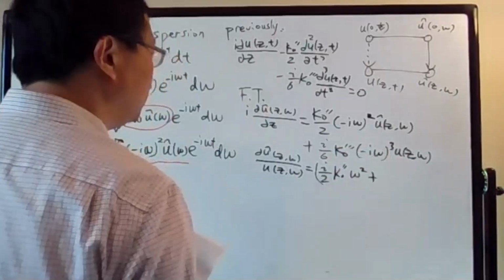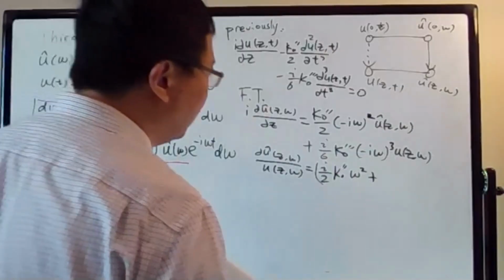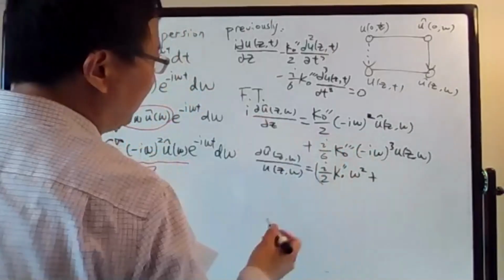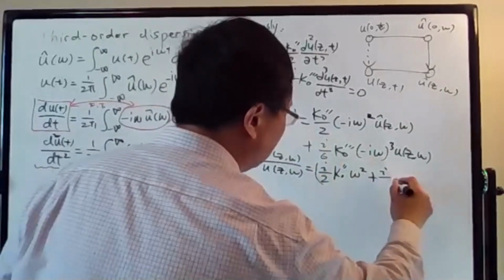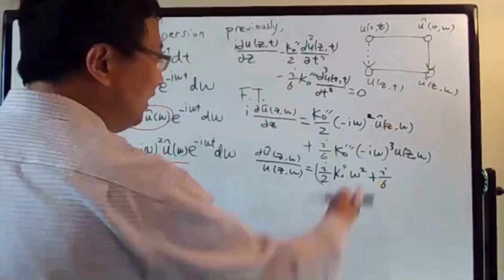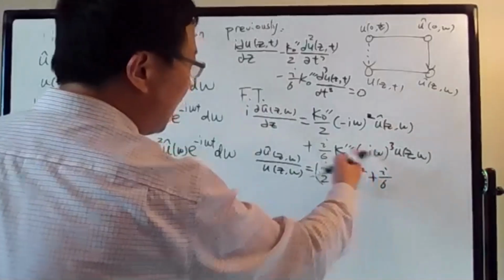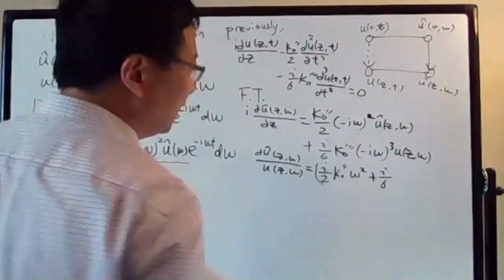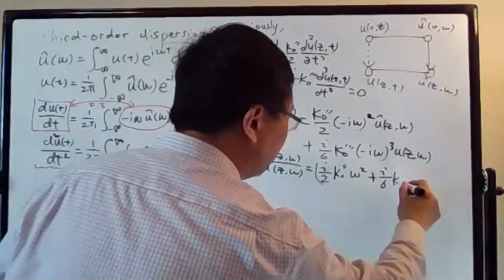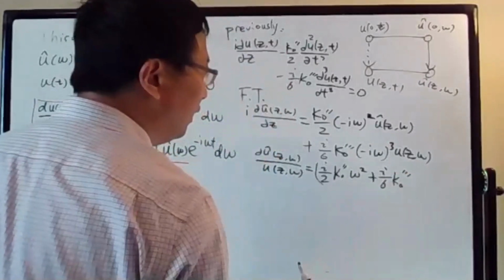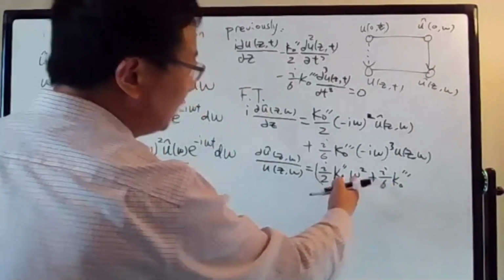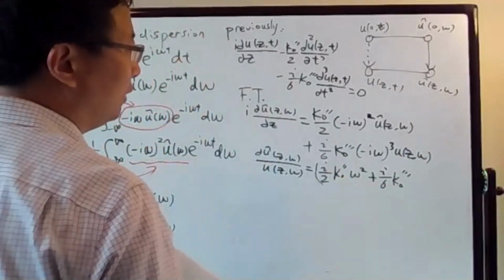The i and i will be negative, and we have a negative i, so it's positive i. So it's a lot of i's, but at the end it's i times k naught triple prime over 6. Why is it 6? It's 3 factorial.